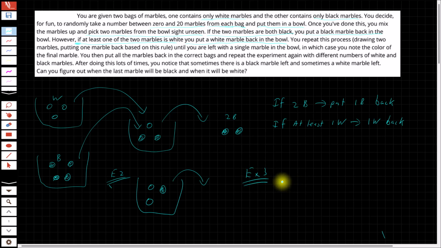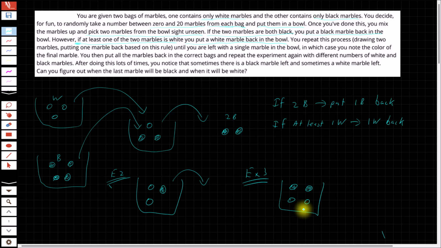Experiment 3. What happens if we have two black and two white? We pull out two black marbles, which is this first rule here. We have to put one black back and keep that other black out.